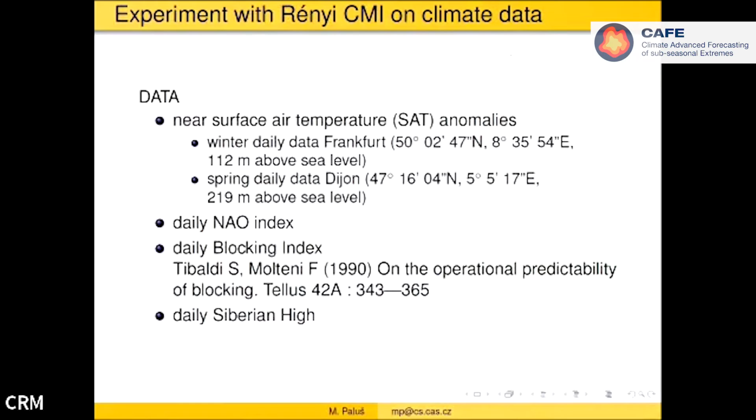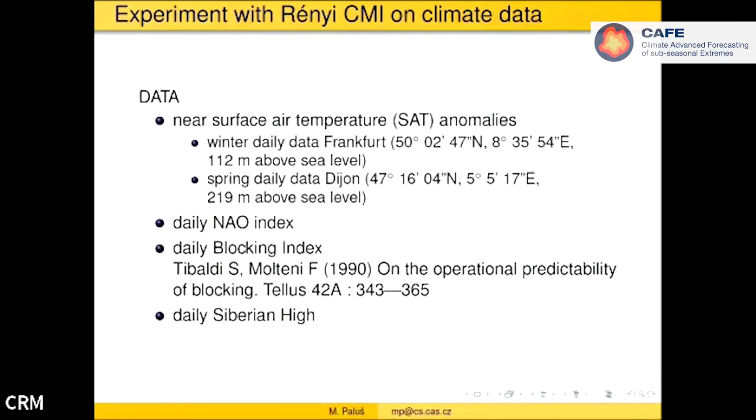Now, very quickly, to real data. We will use the temperature in two stations, winter from Frankfurt and spring from Dijon, and as possible causes we will use the North Atlantic Oscillation index, the so-called blocking index, and the Siberian high.